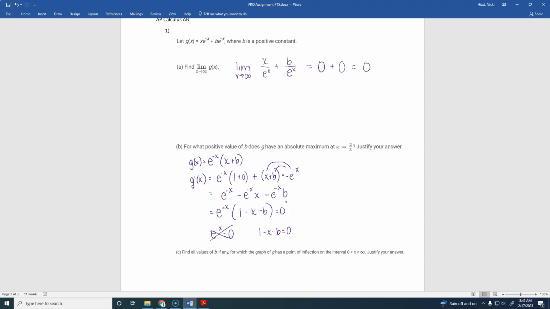So that doesn't give you anything right there. If you try to solve it, you end up doing like a natural log of 0, and you can't do natural log of 0. So over here on this other side, we have 1 minus x minus b. So if we solve that for the x right there, we could just move the x over to the other side. So we'd have 1 minus b equals our x.